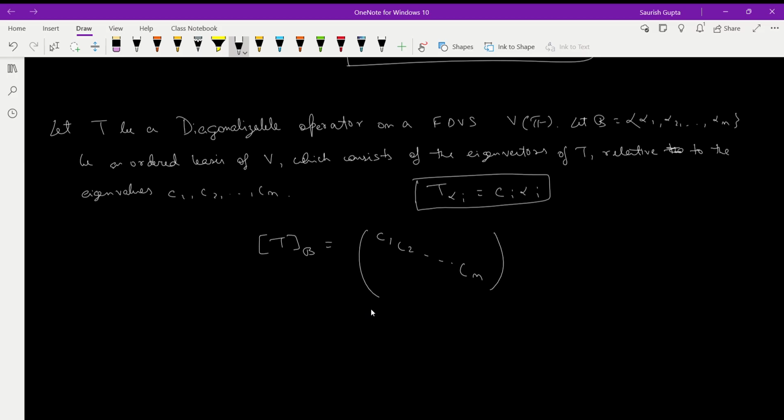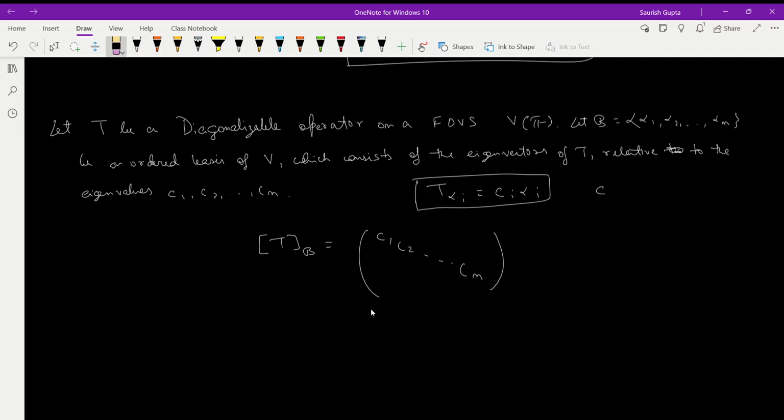Okay. But obviously, we do not know whether these eigenvalues c1 till cn are distinct, or there might be a repetition of these eigenvalues. That is, there can be three repetitions of c1.